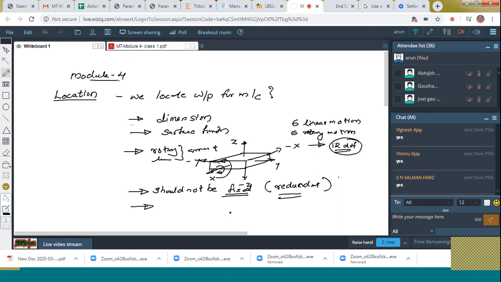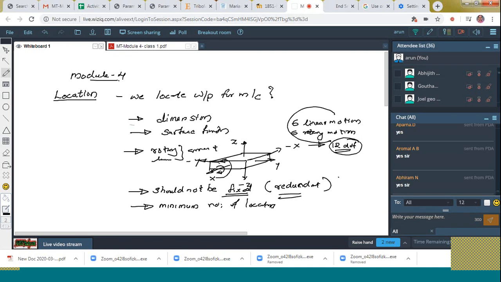Next, to locate these points, you have to use only the minimum number of locators. That is the next condition. By means of the minimum number of locators, you have to lock all these motions. And the last condition is that the locating surfaces must be perpendicular.